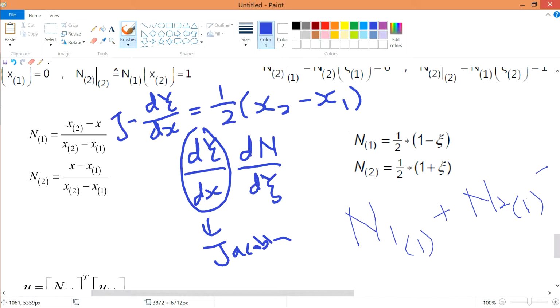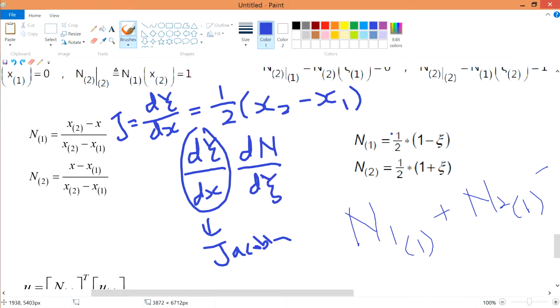Okay, J is equal to this one. As you can see, this thing over here is actually very similar to your shape function of this thing. From here, as you can see, 1 minus c is actually x2 minus x1. I should say that this thing is somewhat the same thing as this.